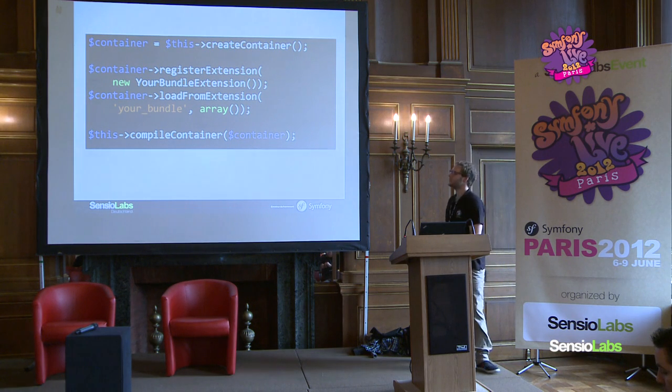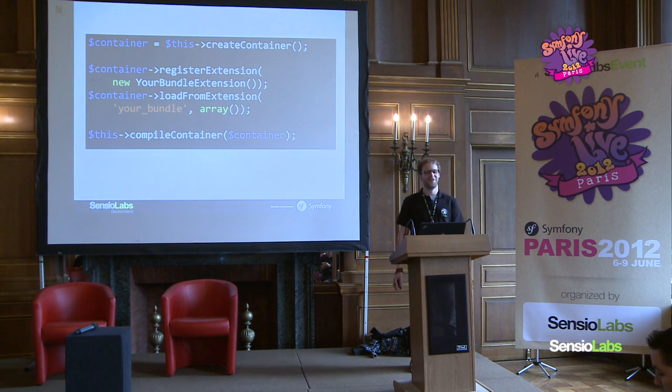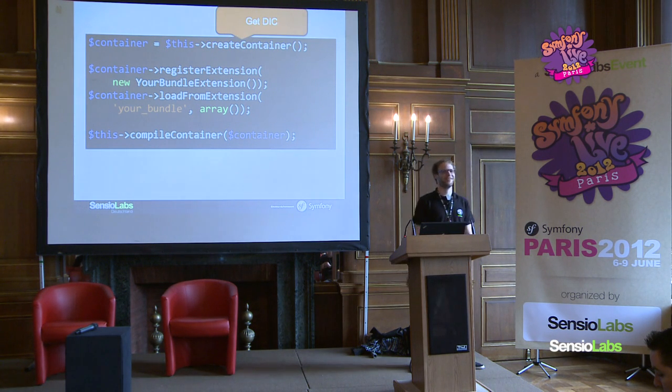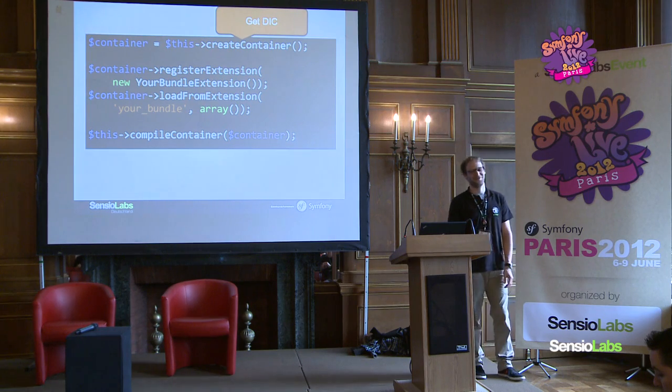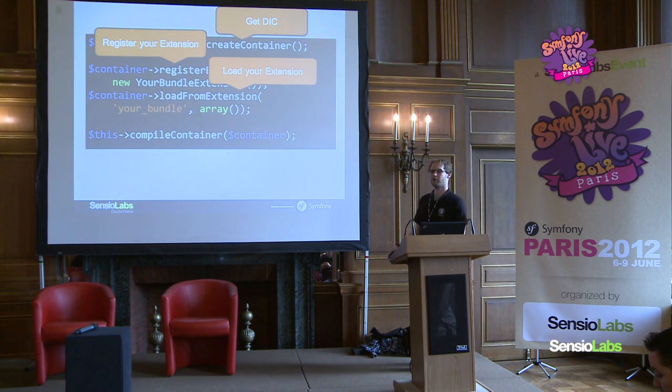So think of this example in your test case. You have to find out how to create a container in your test case, but that is pretty easy if you look at the other bundles. What you basically need is a container. After that, you can register your extension for it, and only your extension. You can load your extension and pass an array with all the options you want to set.